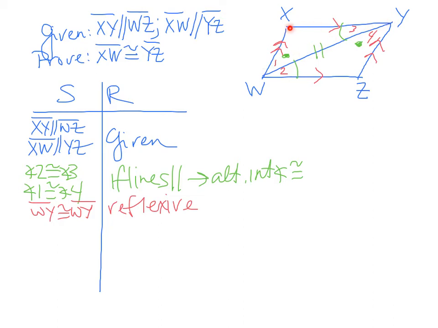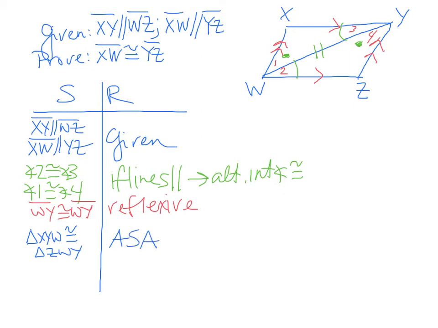I got two triangles. And now I know they're congruent. Okay, so I can now say triangle XYW is congruent to, take a second, make sure you can do the right order. XYW is congruent to triangle ZWY. And the reason is angle side angle.